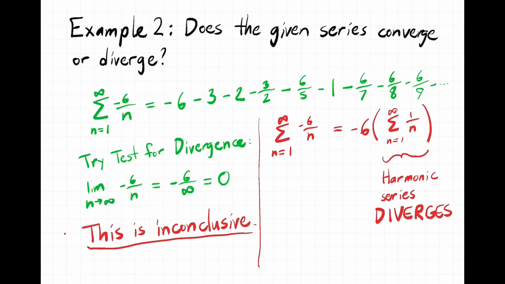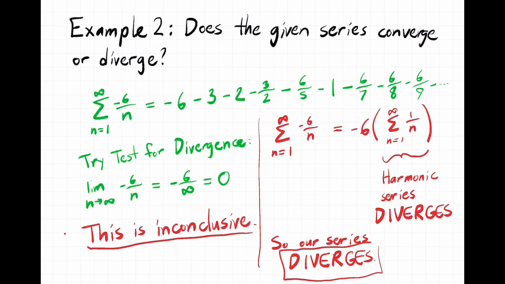So because our series is a constant multiple of a divergent series, our series also diverges. So even though the test for divergence didn't tell us anything for this series, we were able to use other facts that we know about the series to determine that it actually diverges.